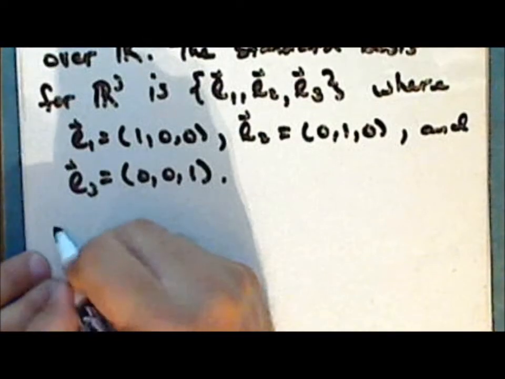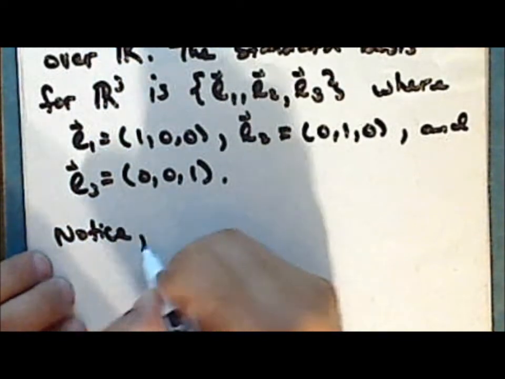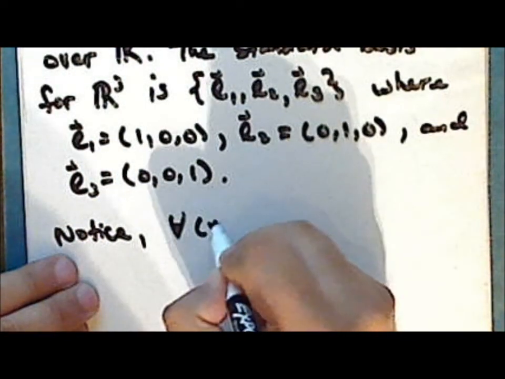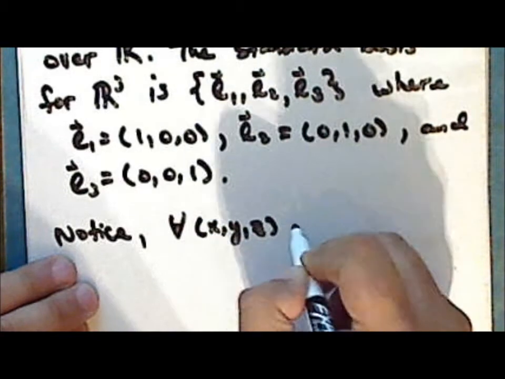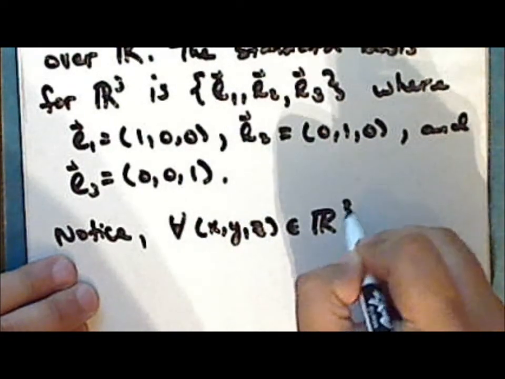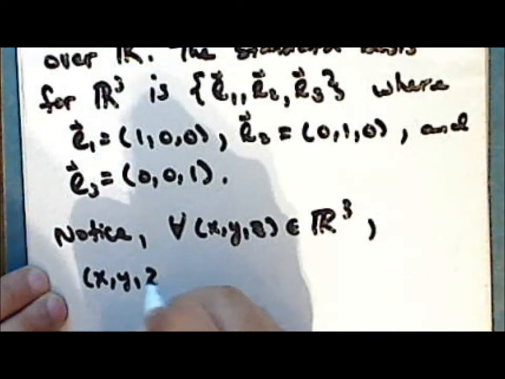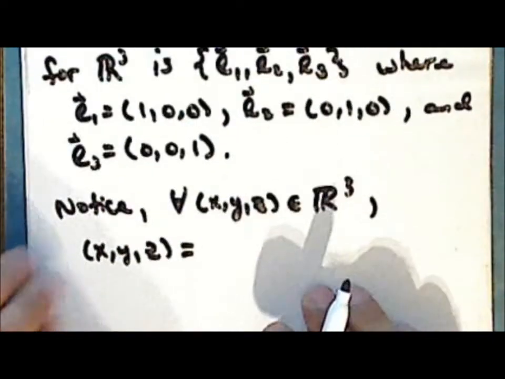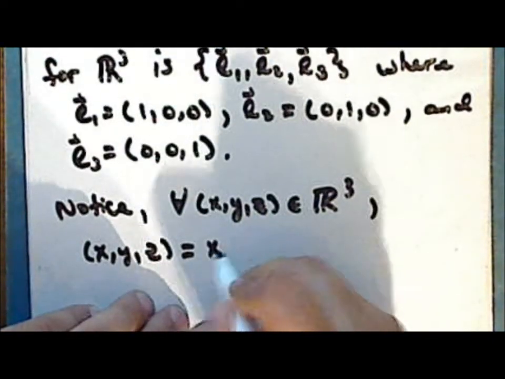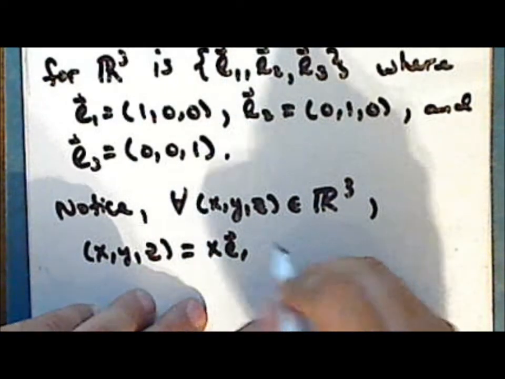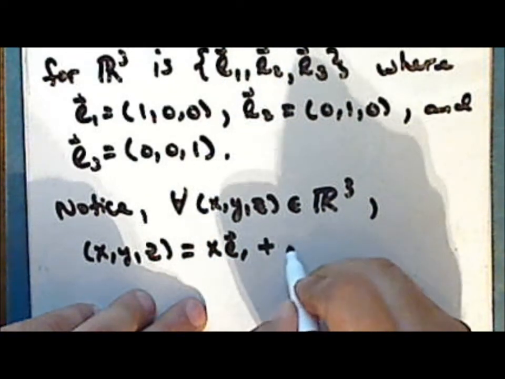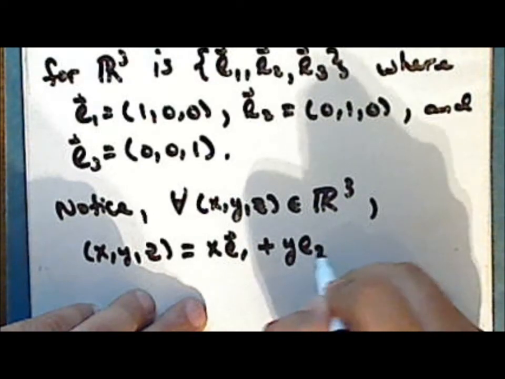So notice that for every ordered triple (x, y, z) in three-dimensional real space, (x, y, z) is a linear combination of the basis vectors, a very simple linear combination.